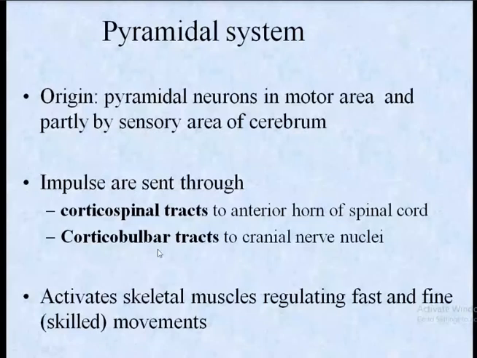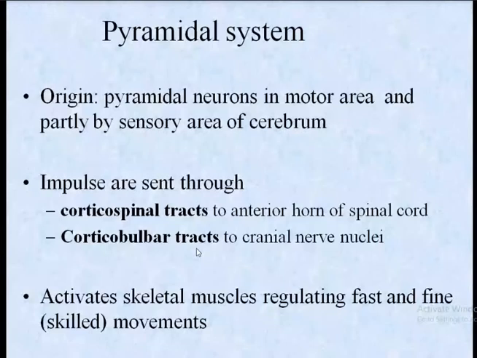Okay, don't get confused between the corticospinal and corticobulbar tracts. Function-wise and origin-wise, everything is the same, but just as the relay stations are different, they are named differently. Corticospinal relays into the anterior horn of the spinal cord, and corticobulbar relays into the cranial nerve nuclei present within the brainstem. Clear?